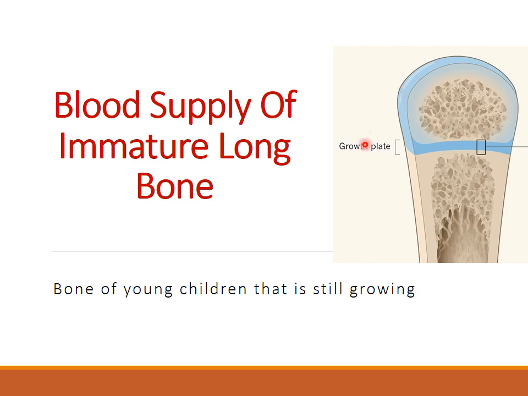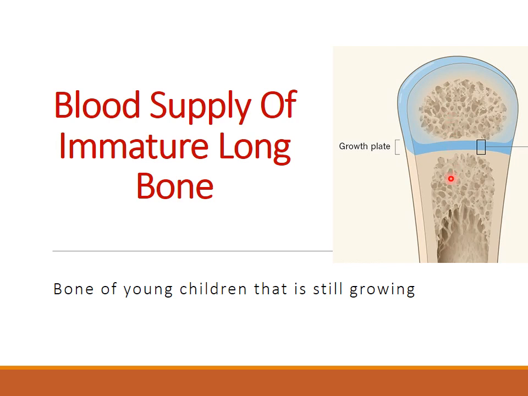Now moving to the blood supply of the immature long bone, and keep in mind that all the components we have discussed till now were about the blood supply of the mature or adult long bone. Now this is the blood supply of the immature bone of children, where there is a growth plate or epiphyseal cartilage between the epiphysis and diaphysis.